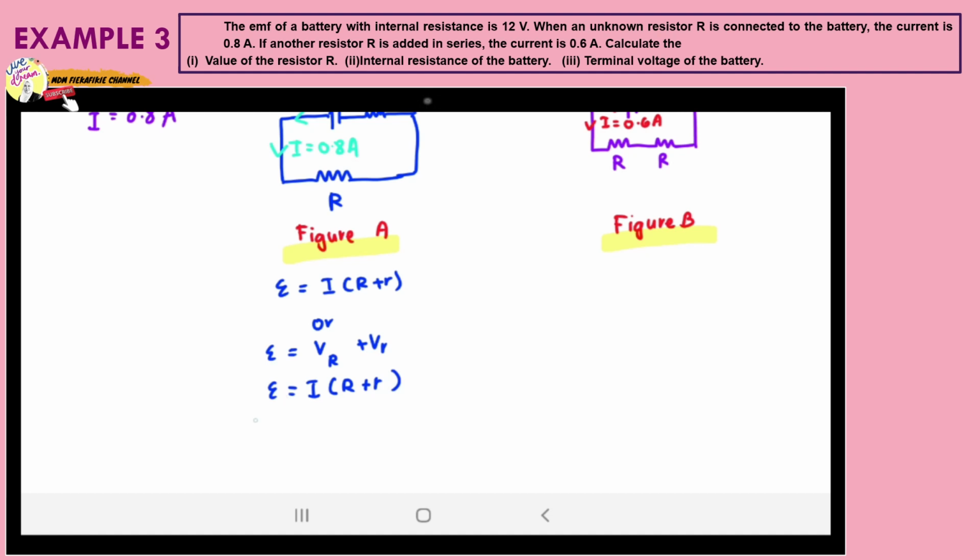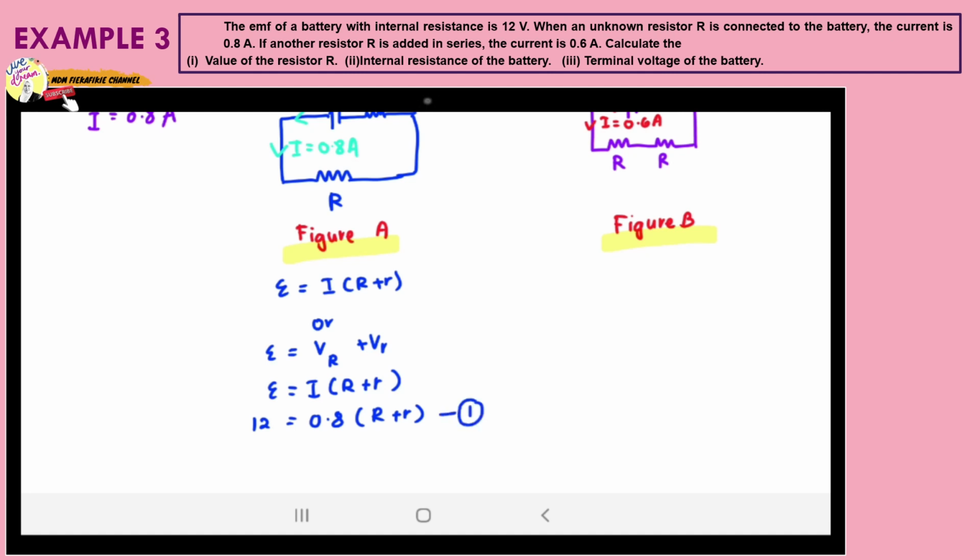Where the EMF is 12 volt, the current in this circuit is 0.8. We don't know the value of R, and we also don't know the value of the internal resistance small r. So now we have two unknowns here. Let this be equation number 1.